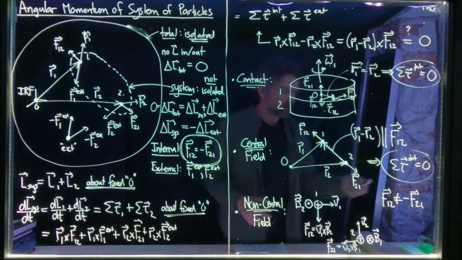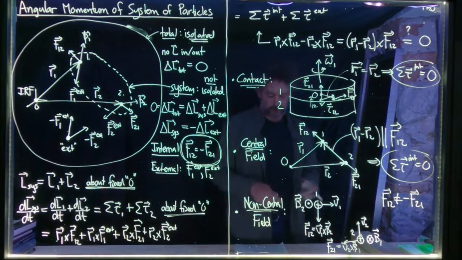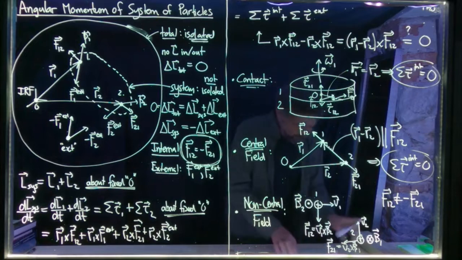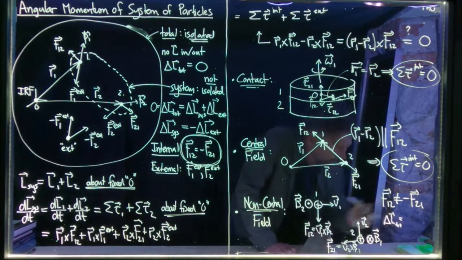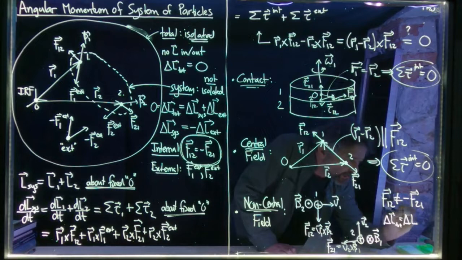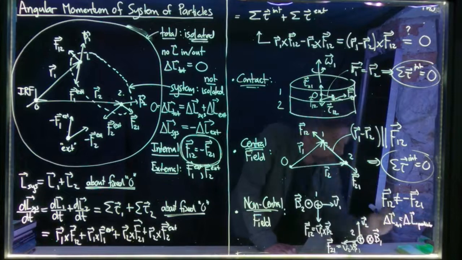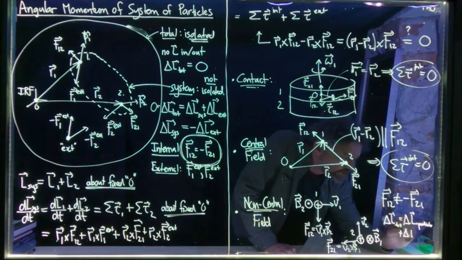Okay, so even though Newton's third law fails for the particles, it doesn't mean that angular momentum isn't conserved. Angular momentum is still conserved. It is still true that delta L total is now equal to the change in the angular momentum associated with the particles, so massive objects in motion, plus the change in the angular momentum associated with the electromagnetic field.